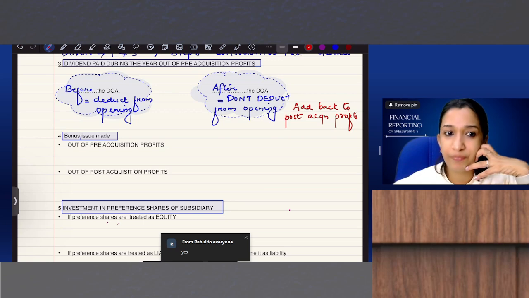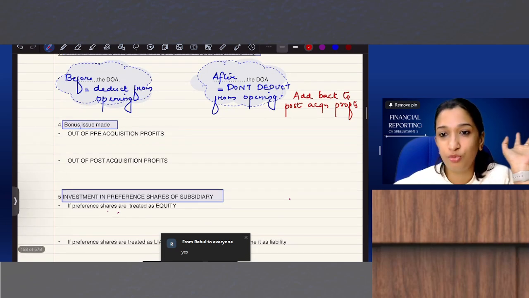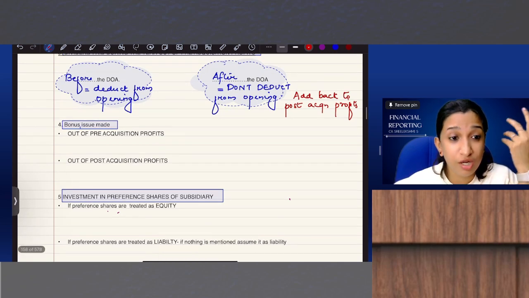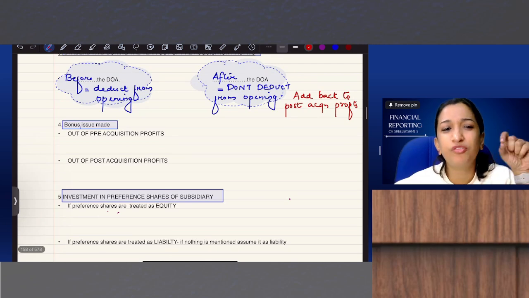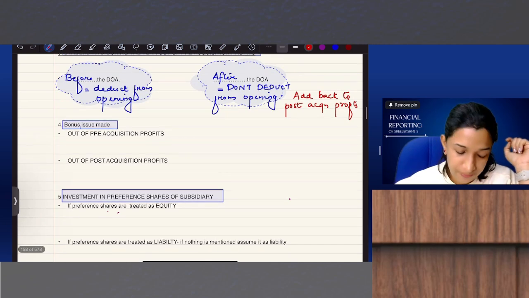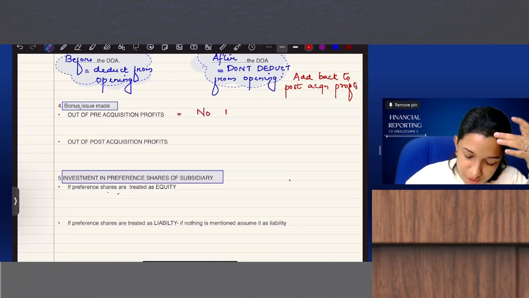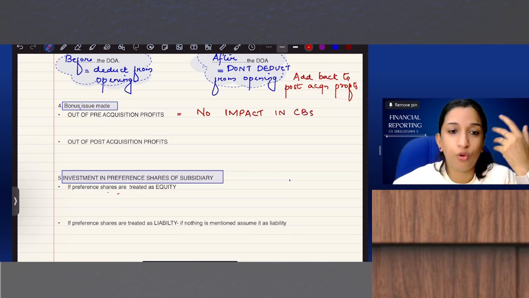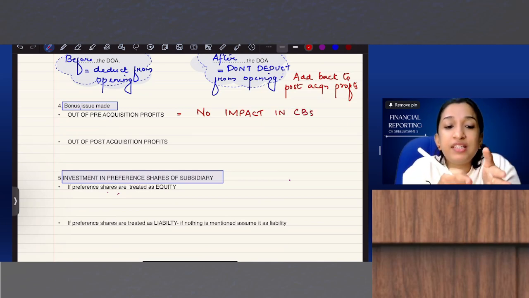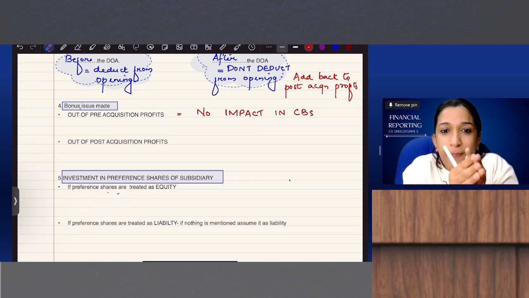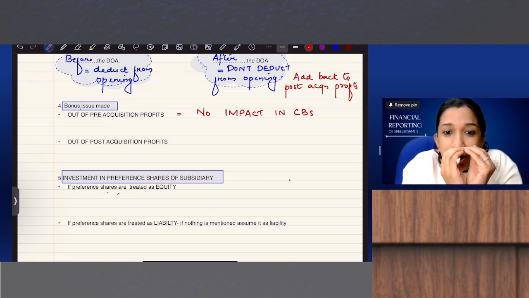Now, the next common adjustment, bonus issue. If the bonus issue is made out of pre-acquisition profits, there is no impact in the consolidated balance sheet, whether you deduct or not, because the effect is in pre-acquisition profits and share capital, which we take for opening NCI and the balance sheet.